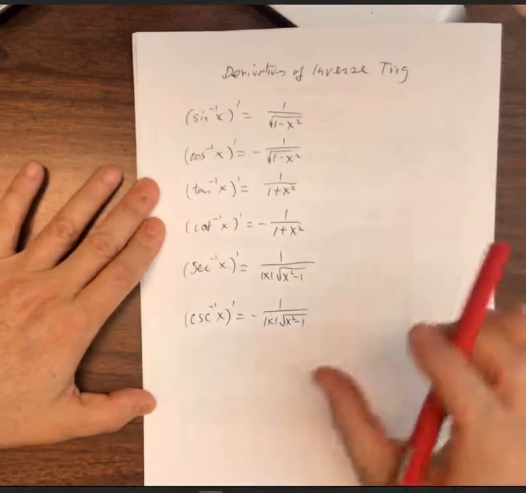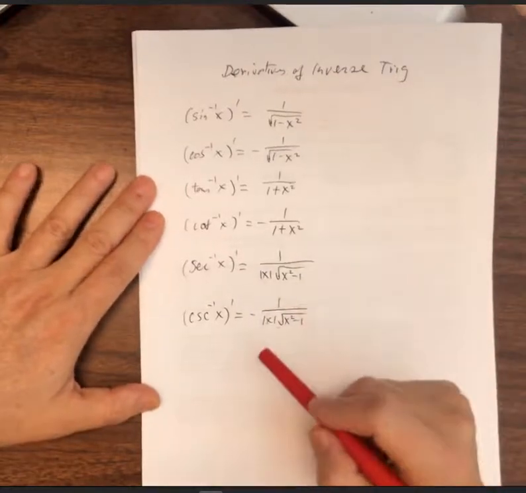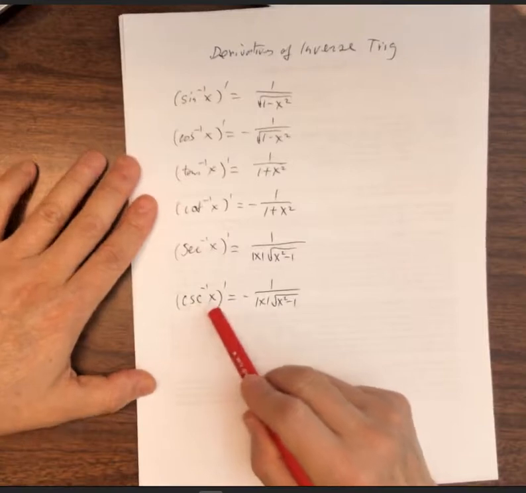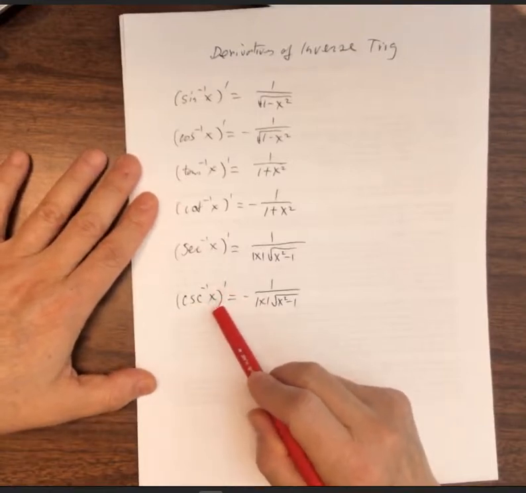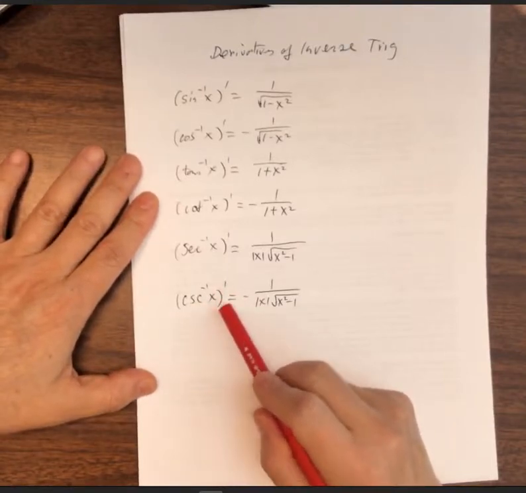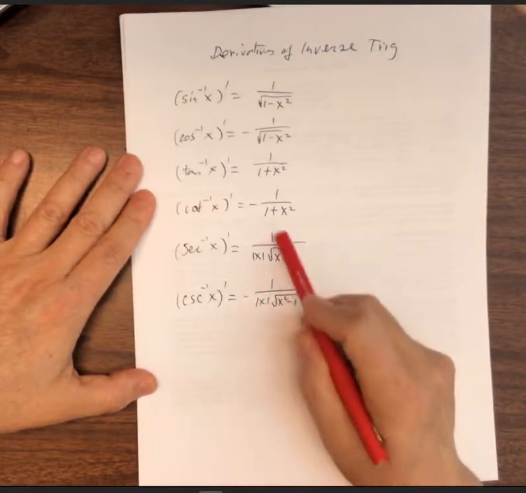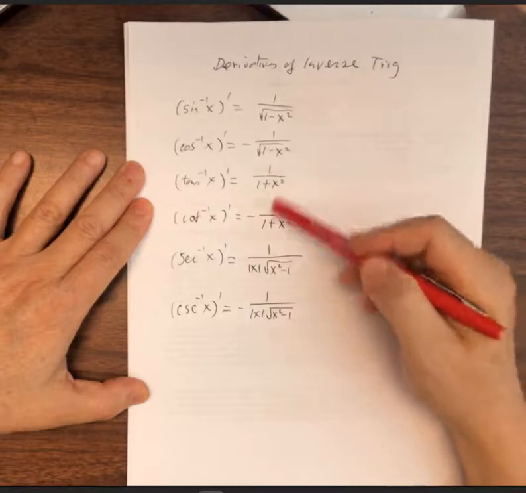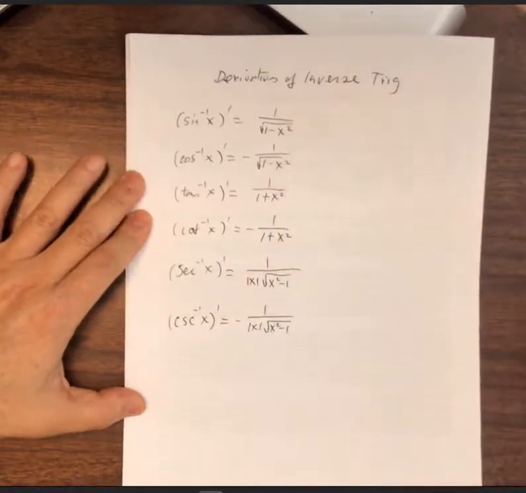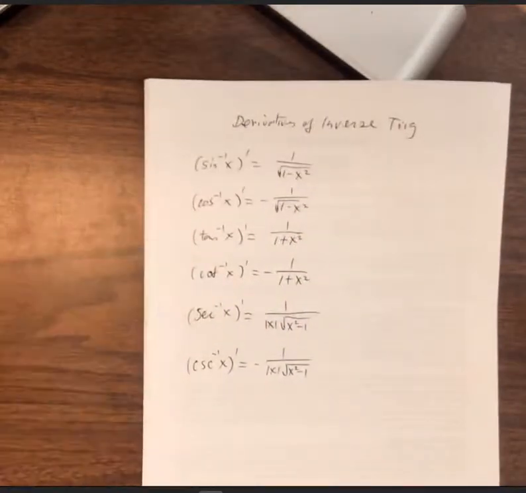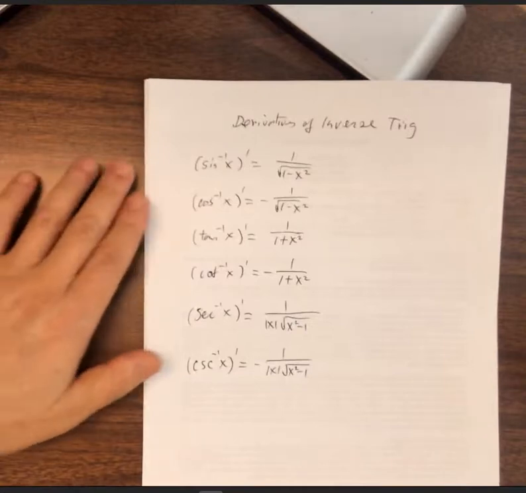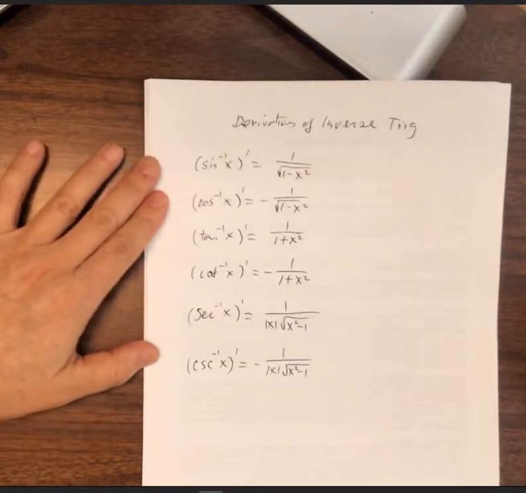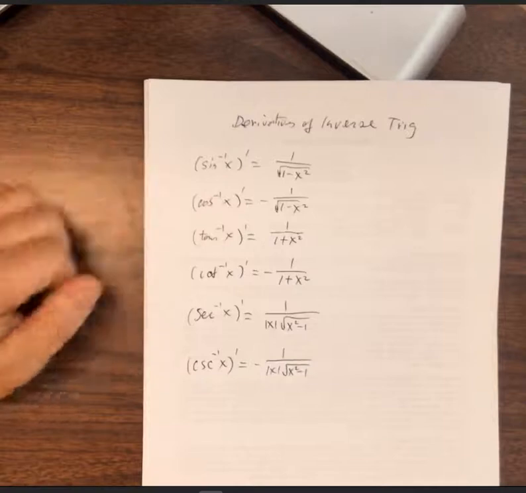If it's not positive, we put the absolute value there. Similarly, the derivative of inverse cosecant is equal to the negative of that. So in a way, you can see they're paired up. These are the 6 new differentiation formulas we have in this section.